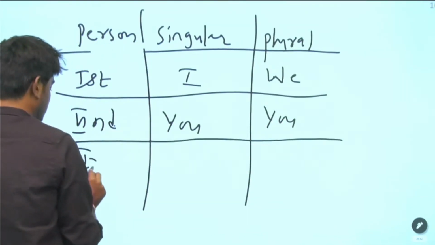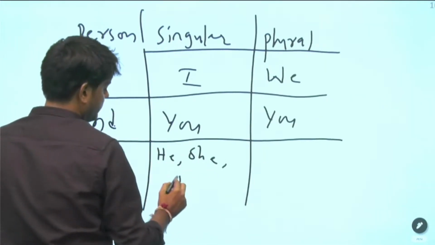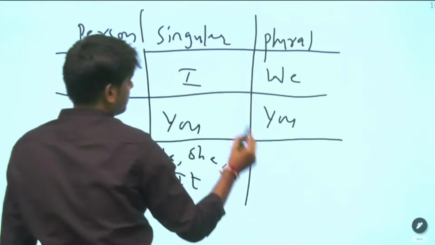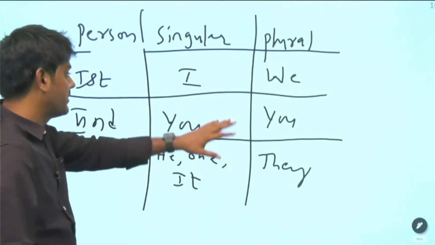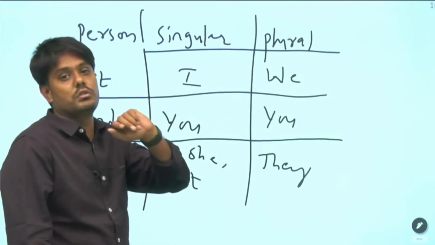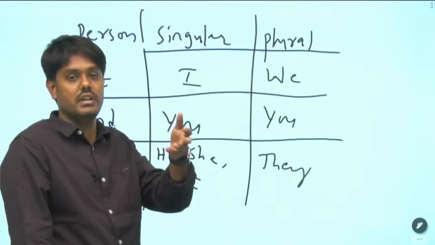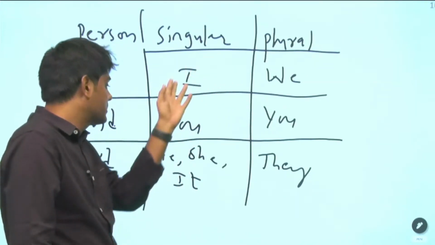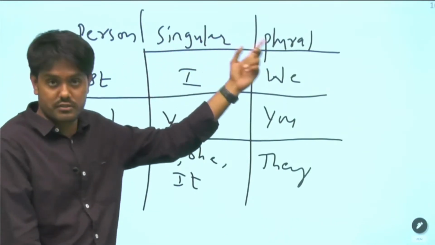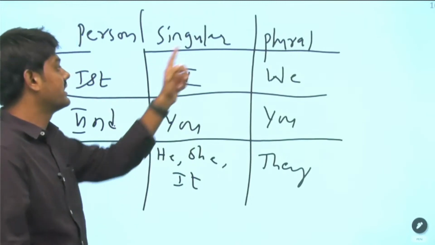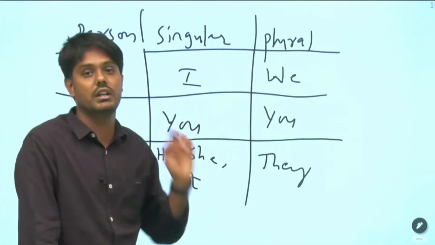Then third person singular is he, she, it, and third person plural is they. So these are the different types of subjects we have to use in our tenses. Instead of person names, we can use person names, animal names, bird names, or we can also use this sort of person.